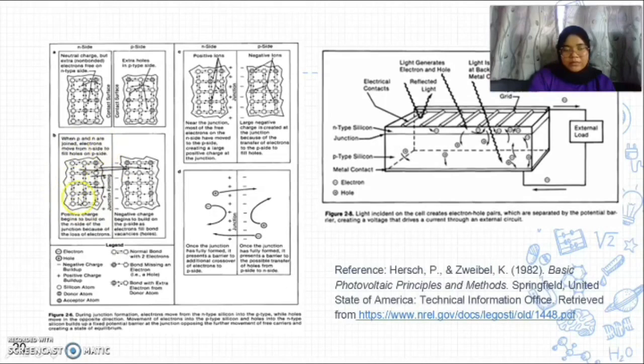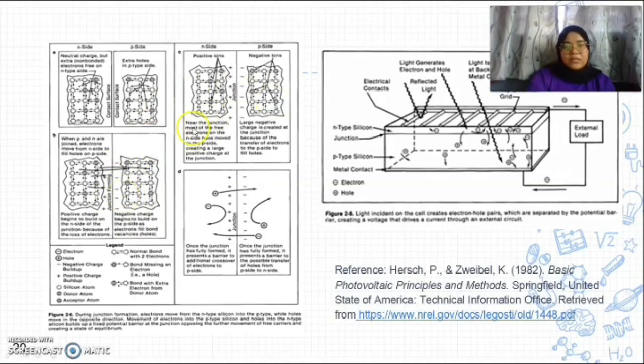Since the electrons move from this side to this side, it will form a positive charge that builds on the n side. The negative charge begins to build on the p side as electrons fill the bond vacancies or holes.